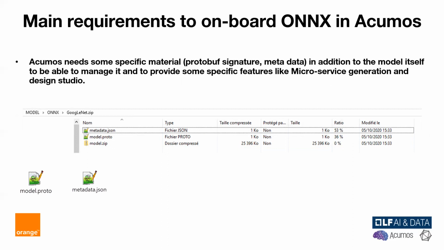And Acumos needs also some metadata, mainly the dependencies required by the model to transform the model as a serving model. These different files are packaged in a model bundle, and it is this model bundle that is onboarded in Acumos, not only the model itself. You must onboard the model plus the protobuf signature plus the metadata file.